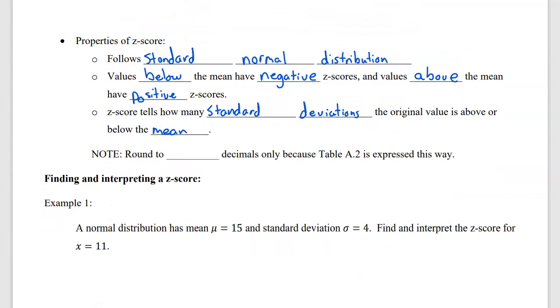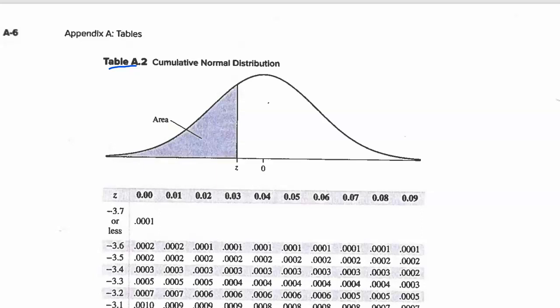We're going to arbitrarily round these to 2 decimal places. And that's only because our table, A2, is expressed that way. Remember that we have our whole number and our first decimal here, and then we have our second decimal place along the top edge.